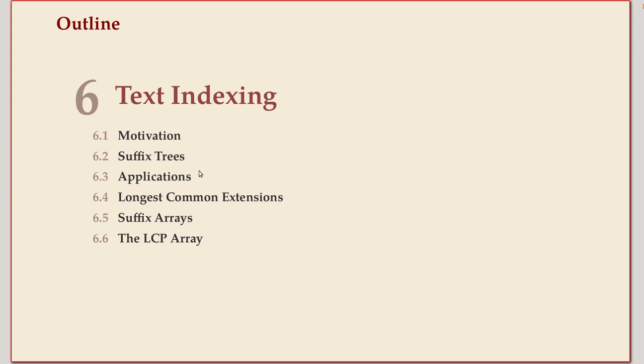I should say that this is my favorite unit for this class because, on one side, it has very fundamental and elegant data structures like suffix trees, and it also includes some of the most recent results that we talk about. The last parts are all invented in the new millennium.